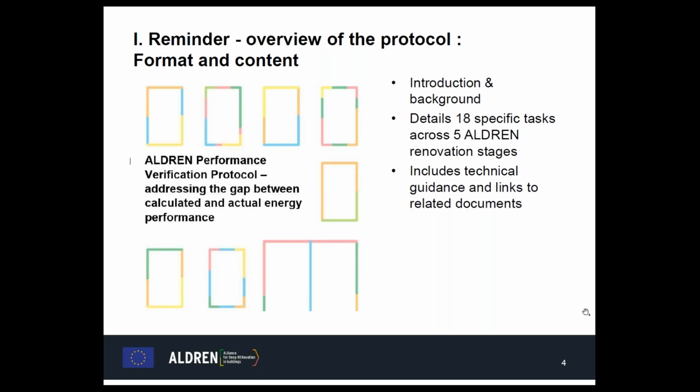The main body of the document details the 18 specific tasks which are part of this module of the ALDREN process, and they're spread across the 5 ALDREN renovation stages. That takes the building all the way from the initial concept and decision stage about the renovation through to the building in use. It includes technical guidance and links to related documents for any methodologies which have been adopted and adapted.